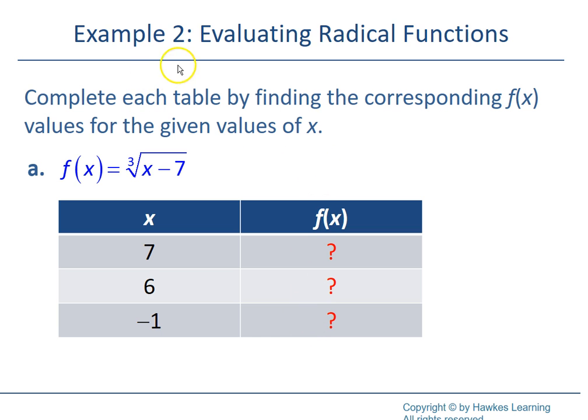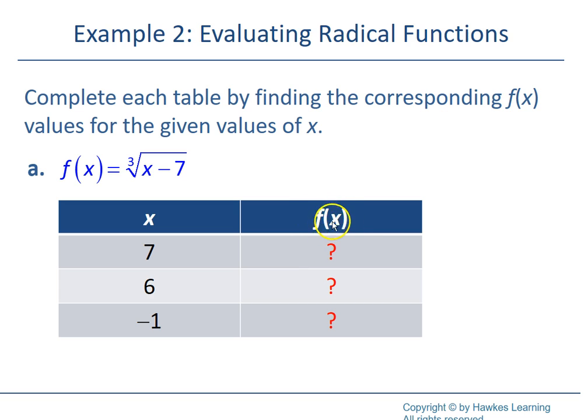Now, if they want you to evaluate a radical function, and keep in mind this is what we call function notation, and they're giving you this. So what do you do? Well, as we did in, I think it was chapter 6 or so, where we did some t-charting and putting in some values, and then finding out what f of x would be.